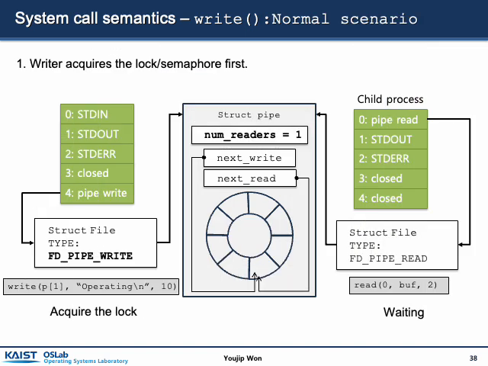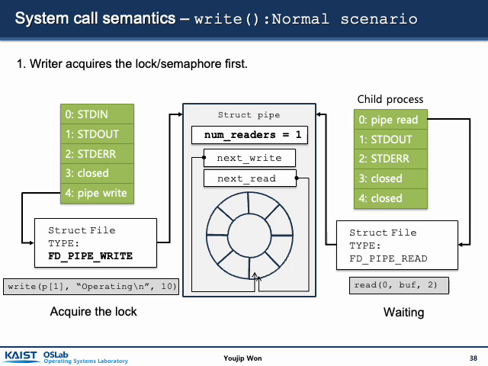Here is a normal scenario of using the pipe for communication between two processes. The process on the left side is writing the string "operating" to the pipe buffer.